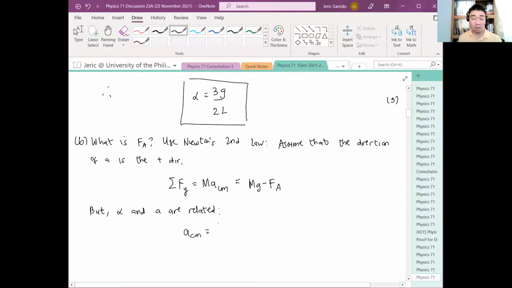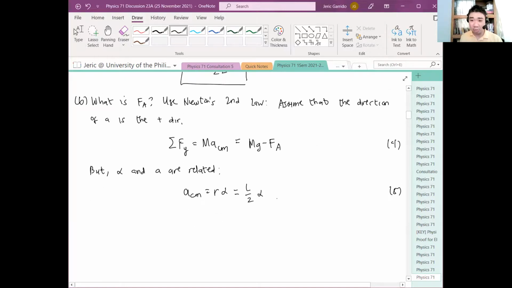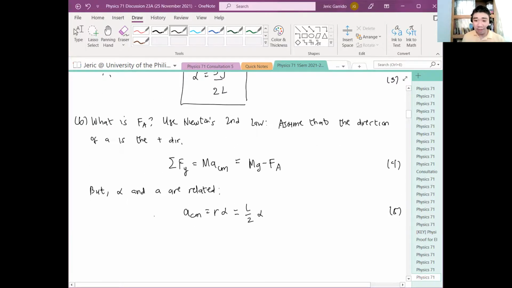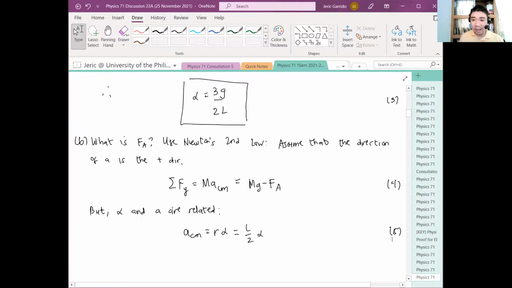ACM is just equal to what? This is simply R alpha, di ba? Which is simply the total distance from the pivot to the center of mass, which is L over 2, times alpha. So this is equation 4, and this is equation 5. So in that case, I have an L over 2 alpha. So I can substitute equation 3 to equation 5.